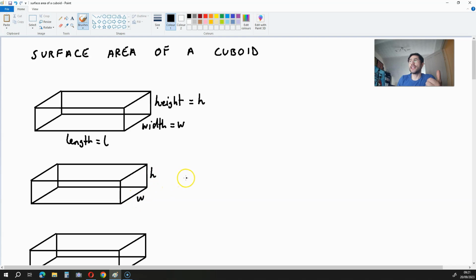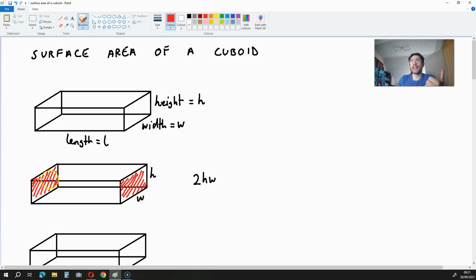And we'll actually need 2 of these, to make up the left hand side and the right hand side. And I'm going to shade these parts like this, just to show you the faces that we are dealing with.